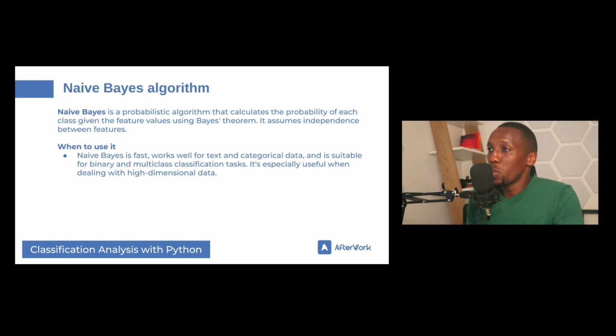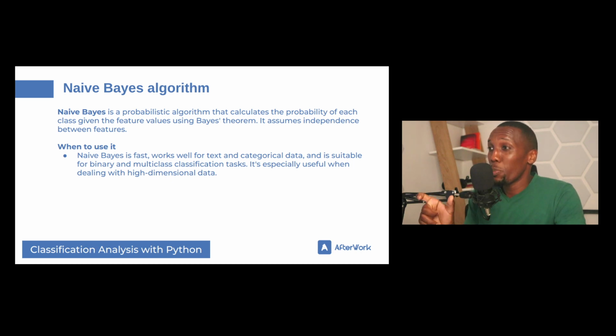Naive Bayes, we can use this type of algorithm when we are working with lots of text data, and also multi-classification tasks. I've used this particular algorithm with text data, and it is quite useful in many such use cases.